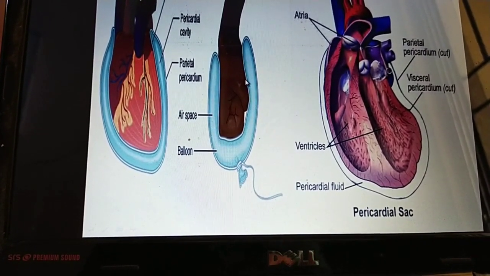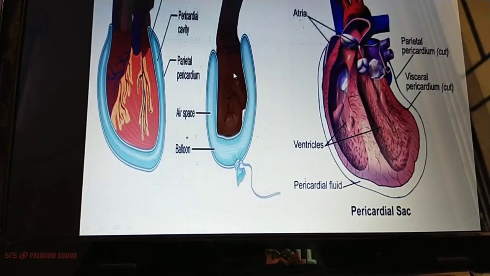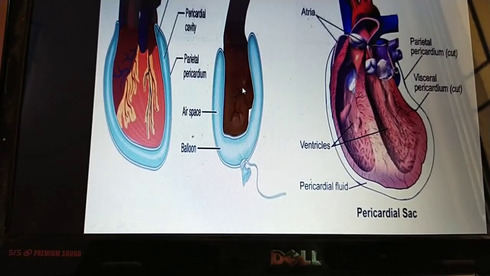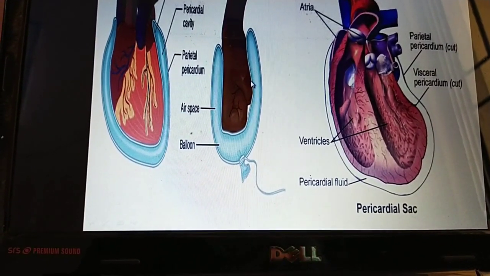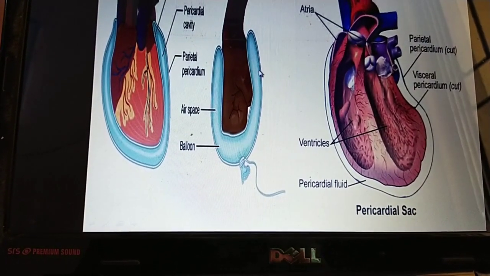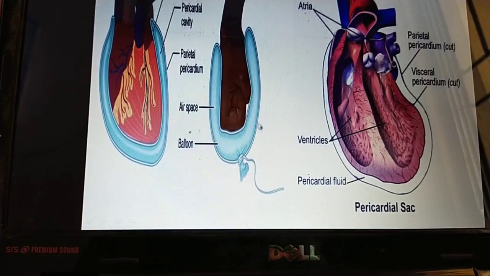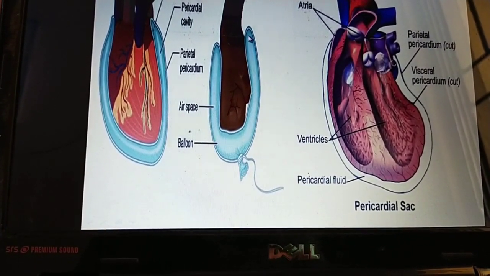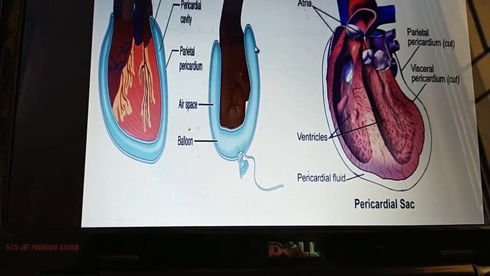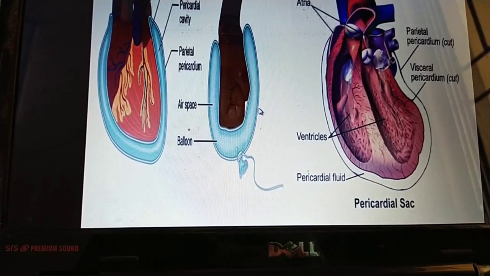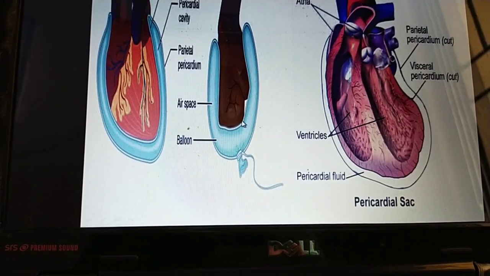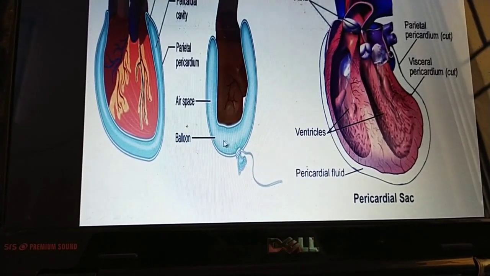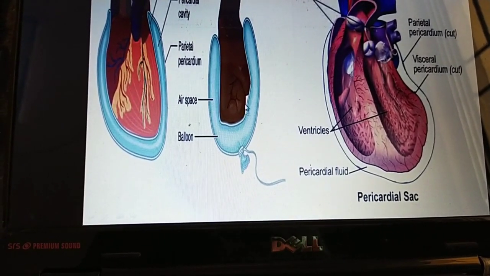It means the surface attached to the viscera or heart muscles is called the visceral pericardium. The outermost layer, which covers the major vessels and everything, is called the parietal pericardium, and between the inner layer and the outer layer, there is a space.